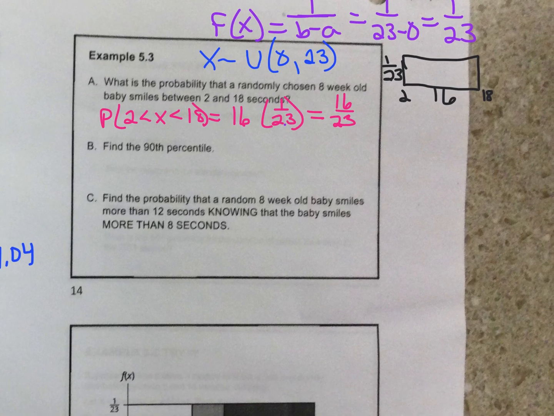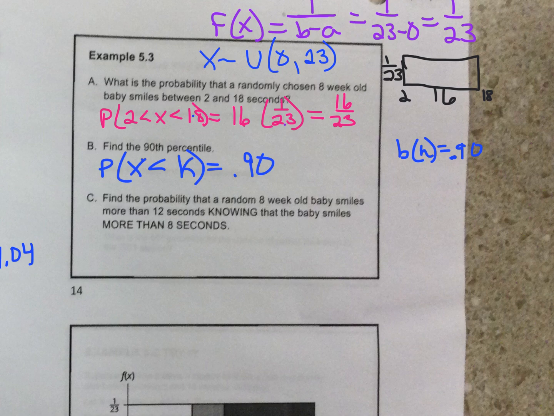So now it wants the 90th percentile. What we want to know is what value gives us the percentage of 90%. I know that my base times height, length times width, whatever you want to call it, equals 90%.